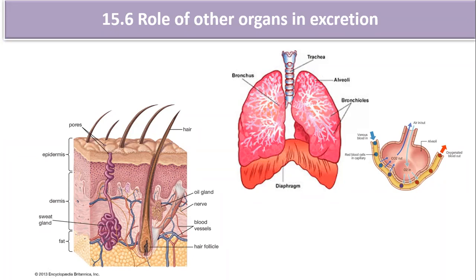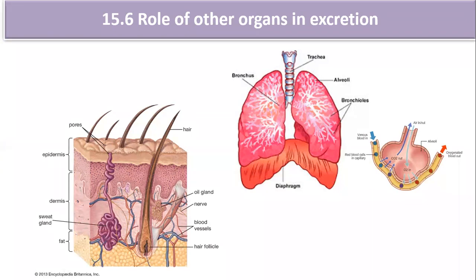Sweat contains water, salt, lactic acid, and urea. Excess salt and excess water are lost through the sweat. Basically, the main function of the sweat gland is thermoregulation, maintaining your body temperature.